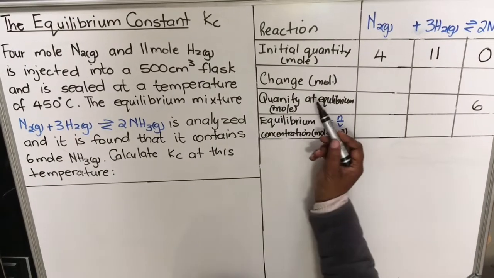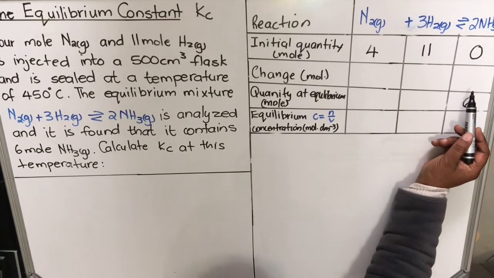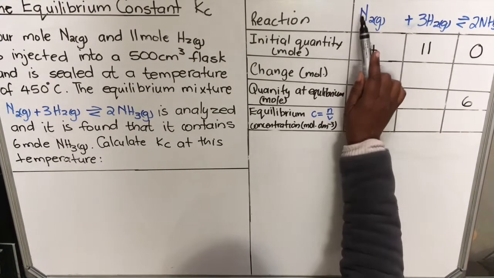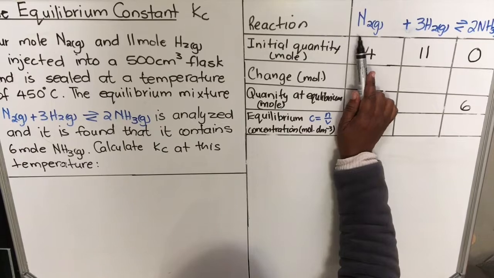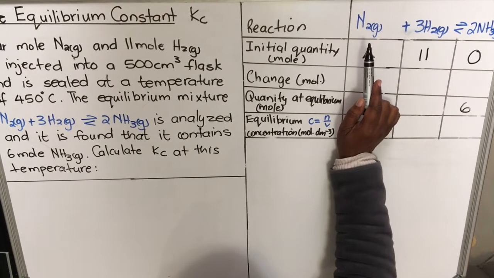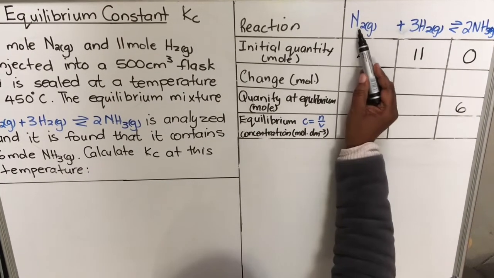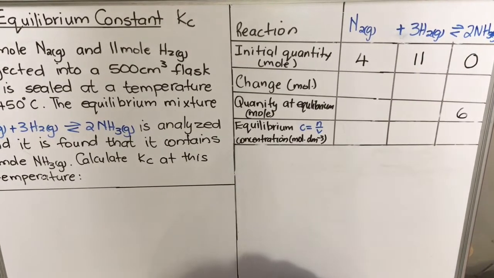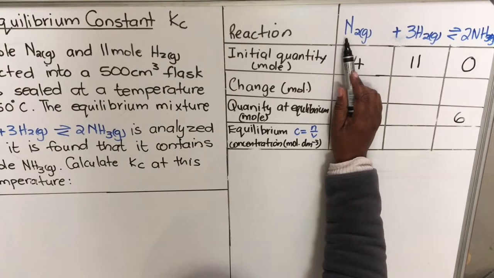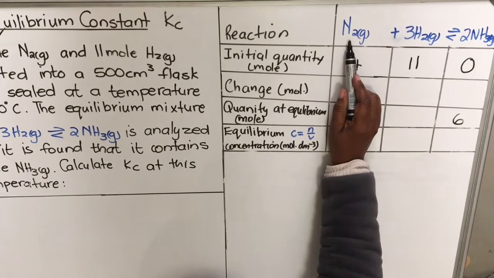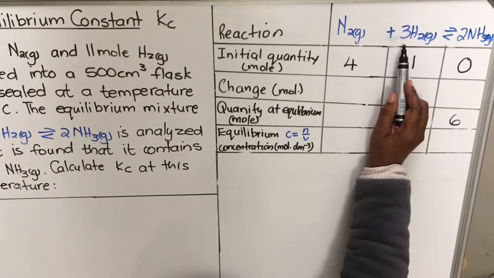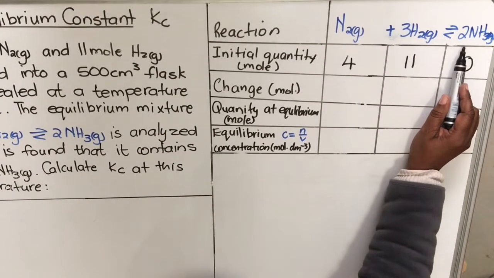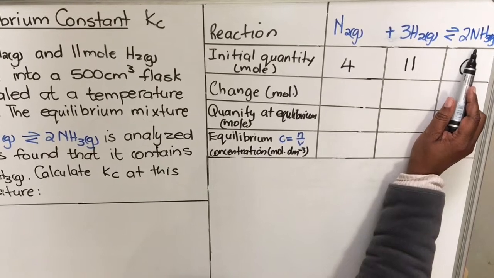Now we're going to go to the change. Here you look at the molar ratio, the numbers before each substance. You have a 1 here, a 3 here, and a 2 there. What does it mean? It means 1 mole of nitrogen will react with 3 moles of hydrogen to form 2 moles of ammonia.